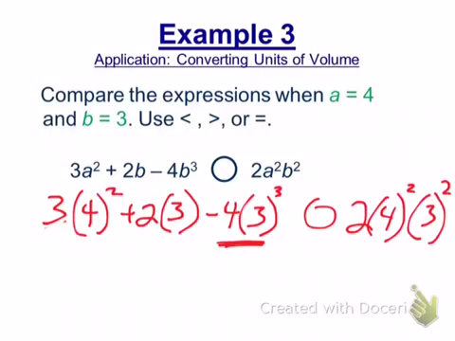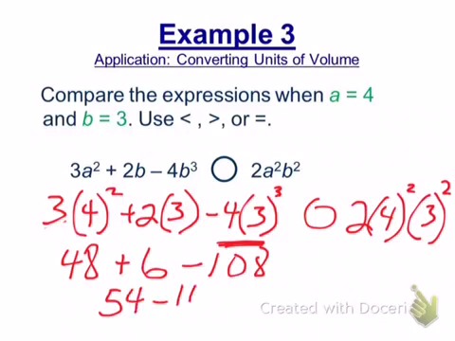All right, so the first one's 3 times 16, which is 48. That's 6. 4 times 3 cubed. It's 4 times 27, right? 4 times 27 is 108. Okay? So this is going to be 54 minus 108, which is negative 54.